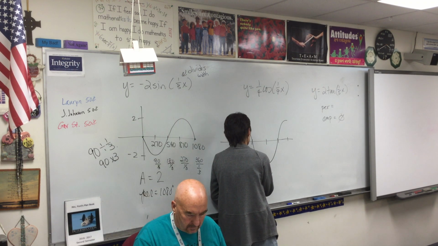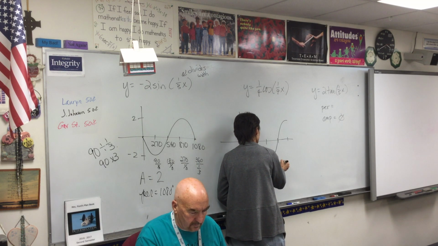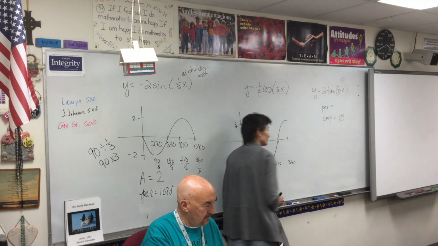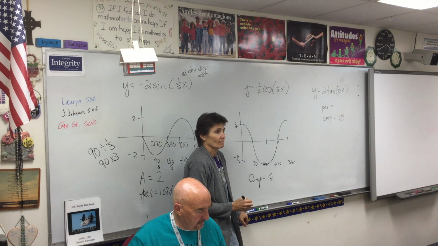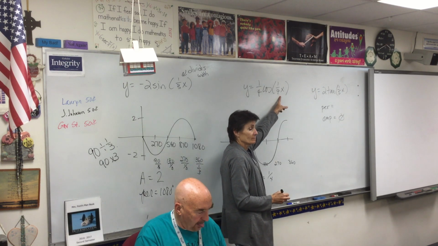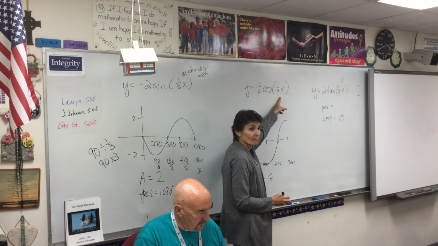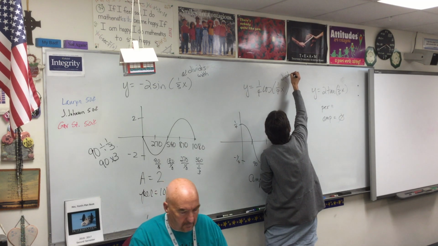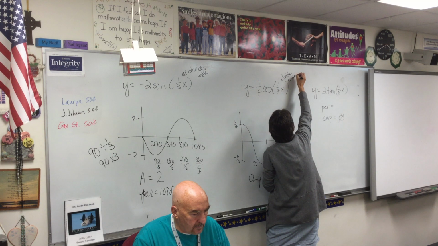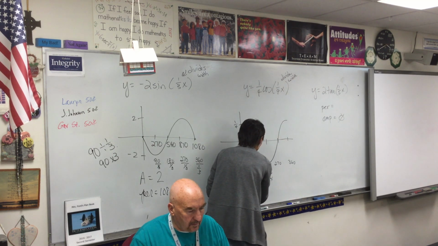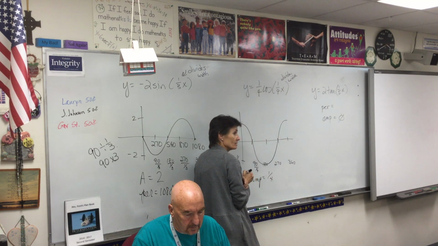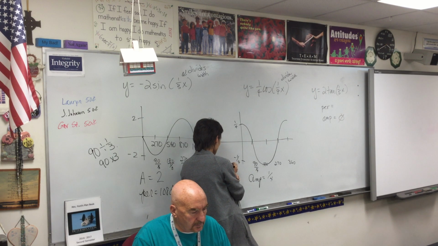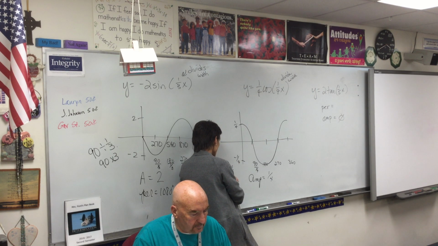All right, so here we go. It's supposed to be 90, 180, 270, 360. What's it doing? It's dividing, right? And so when I divide by 1/4, it's going to be 90 times 4.